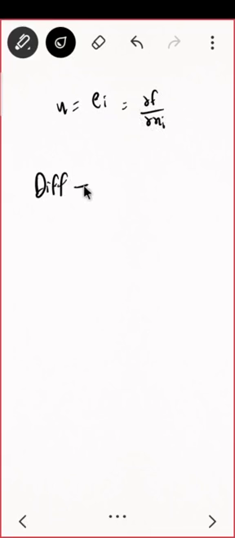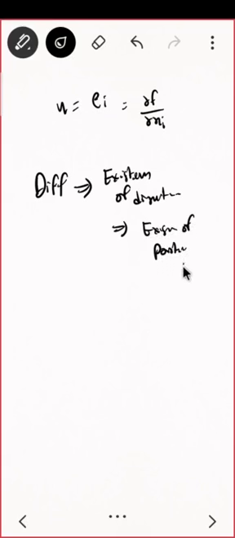And what are the partial derivatives? If you put u as e_i, then it will give the partial derivative del f at del x_i. Correct? That means differentiability implies existence of directional derivative, and that implies existence of partial derivatives. That means if your function does not have any partial derivative, or does not have a directional derivative, then it is not differentiable.